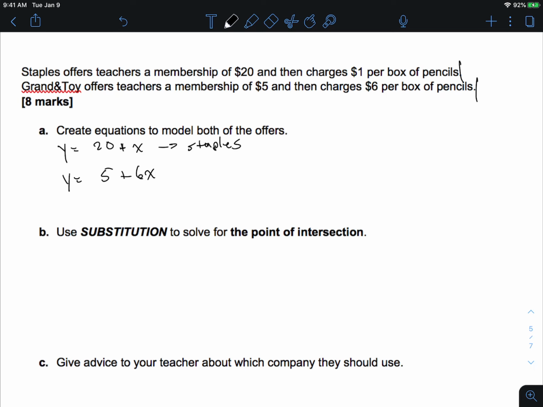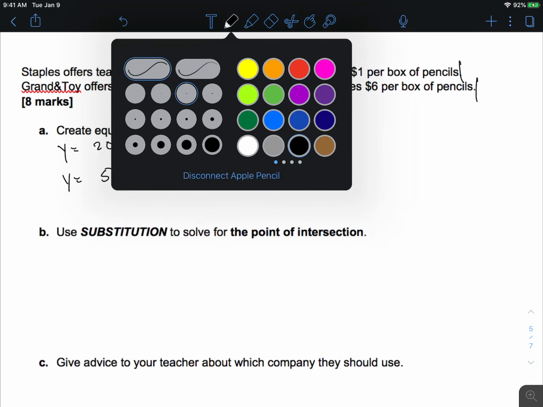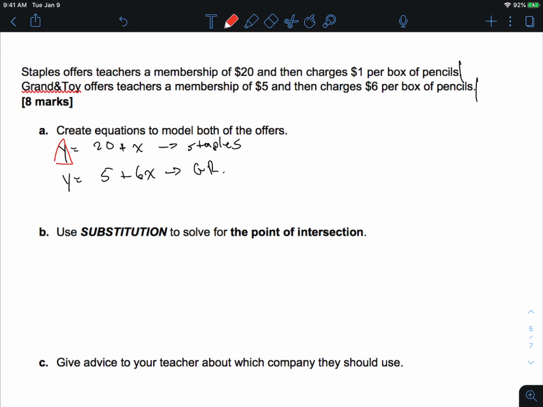Okay. So use substitution to solve for the point of intersection. This one's a little trickier. Where are we substituting, because we already have the numbers? You could do this one of two ways. Remember, you have a triangle equal to something, and you have a triangle equal to something.